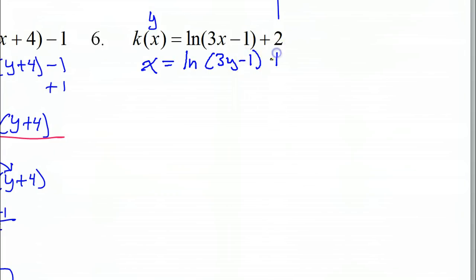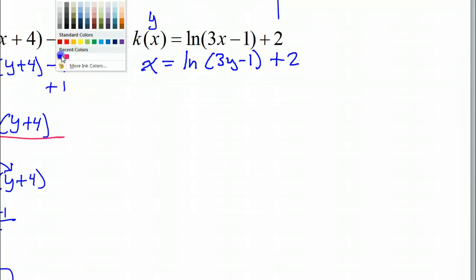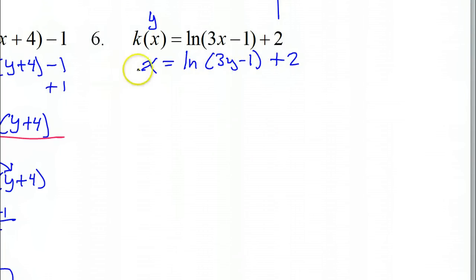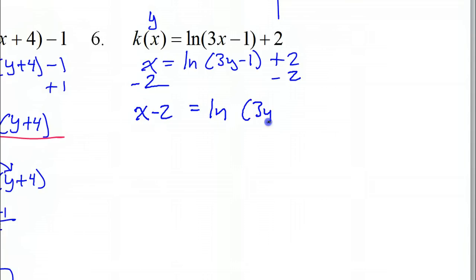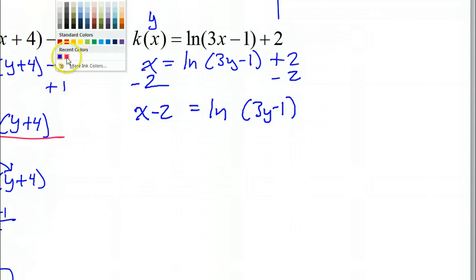Okay, before we go changing the form, we need to get the log part by itself. So let's subtract 2 from both sides. So this will give us x minus 2 equals natural log 3y minus 1. Now here's where we need to remember that natural log of something means log base e.